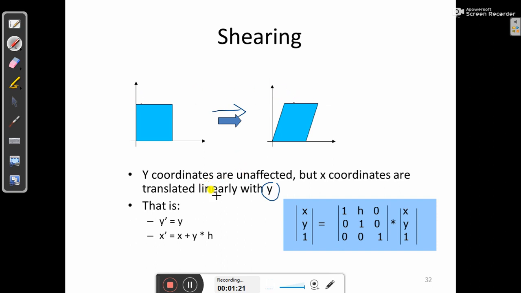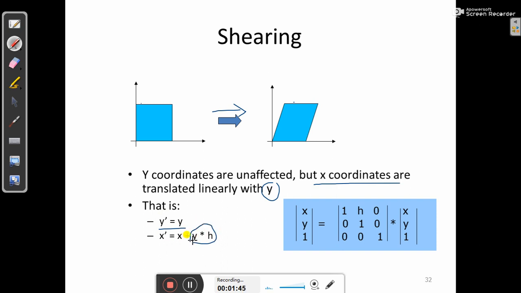Because here the relationship is with x only. The x coordinates will change linearly with y, but the value of y will stay the same. Here you can see the equation will be y dash equal to y, means the new y will be the same as the old y, but x dash equal to x plus y into h.